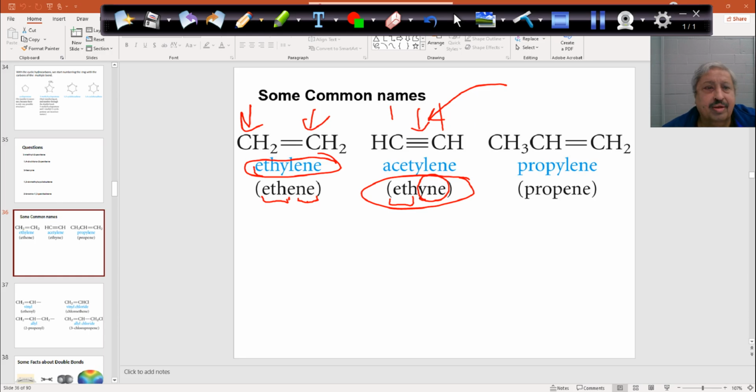Propylene, or propene, has a double bond. Prop is three carbons. Where do we use propylene? Come on, guys. Polypropylene is used to make those plastic pipes underneath the sink.